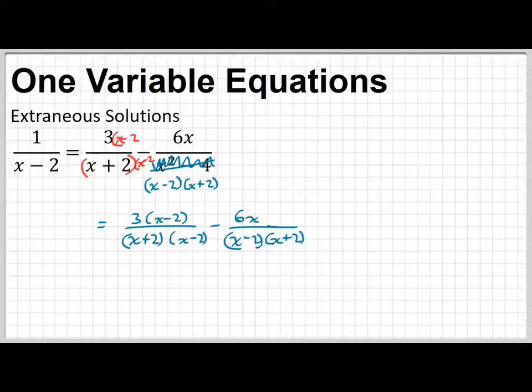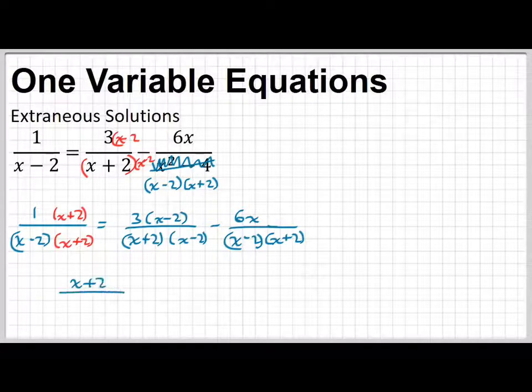Alright, on the left side, we have 1 over x minus 2. So this side we're missing x plus 2. So I'm going to put an x plus 2 right here and an x plus 2 right here. Then you would simplify. So if I simplify the tops, the numerators, we would end up with x plus 2 on top of this one.